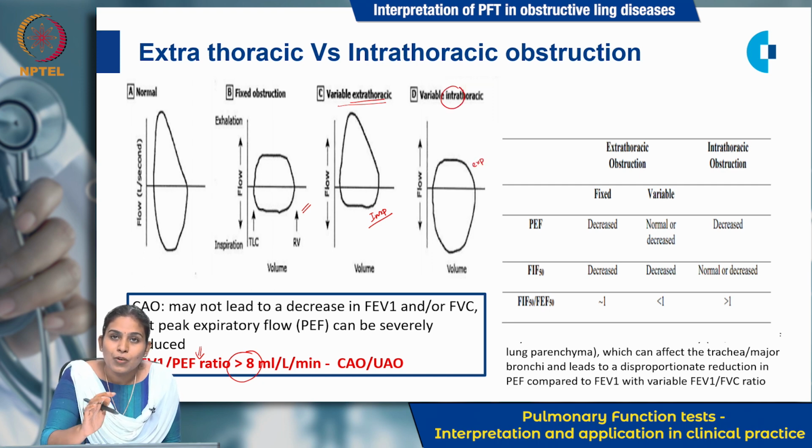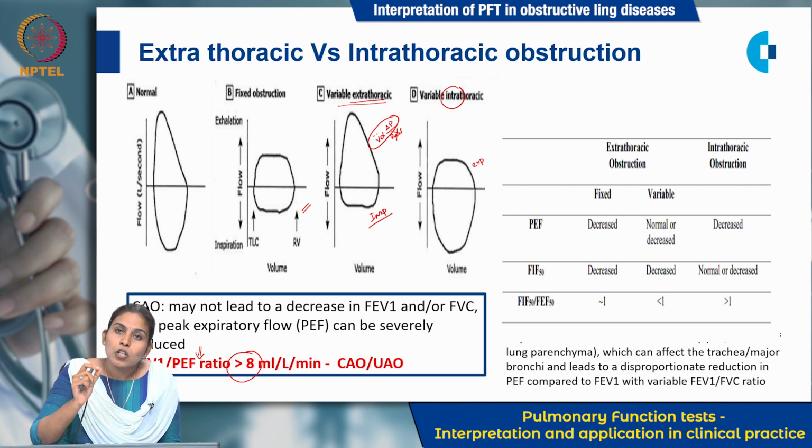So I'll just try to explain what happens in the extrathoracic. We all know that flow is directly proportional to pressure and inversely proportional to resistance. We saw the resistance part, so now we will concentrate on the directly proportional part. In extrathoracic obstruction, if the person is having inspiratory flow, there will be a drop in the intraluminal pressure.